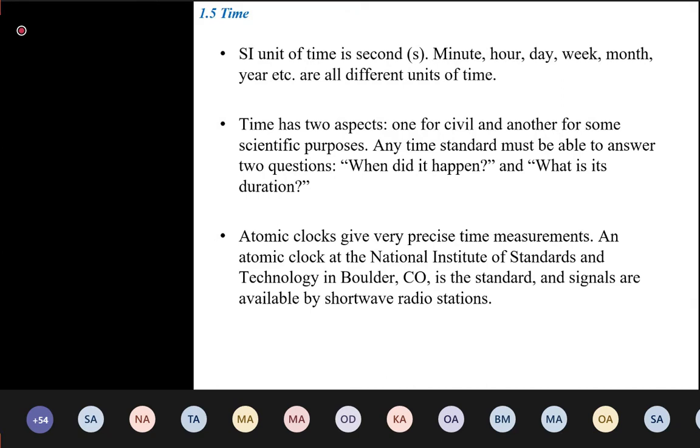Atomic clocks give us more precise time, and there is a standard atomic clock placed at the National Institute of Standards and Technology, Boulder, in Colorado.